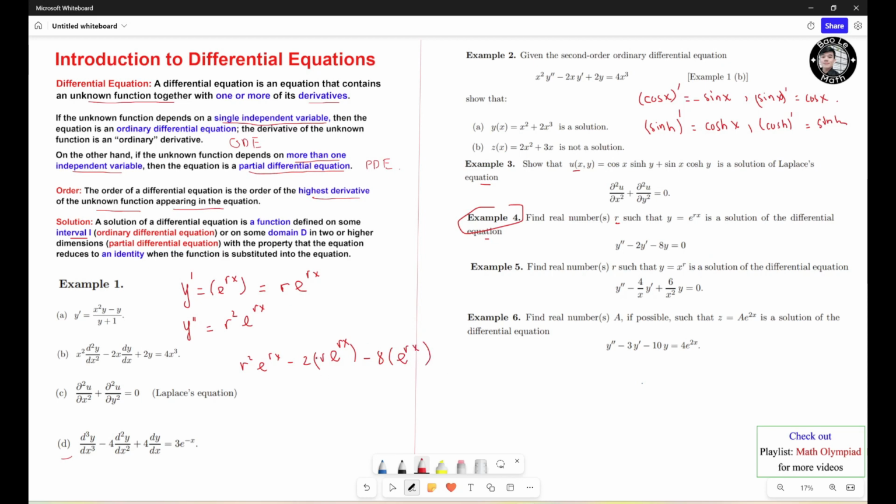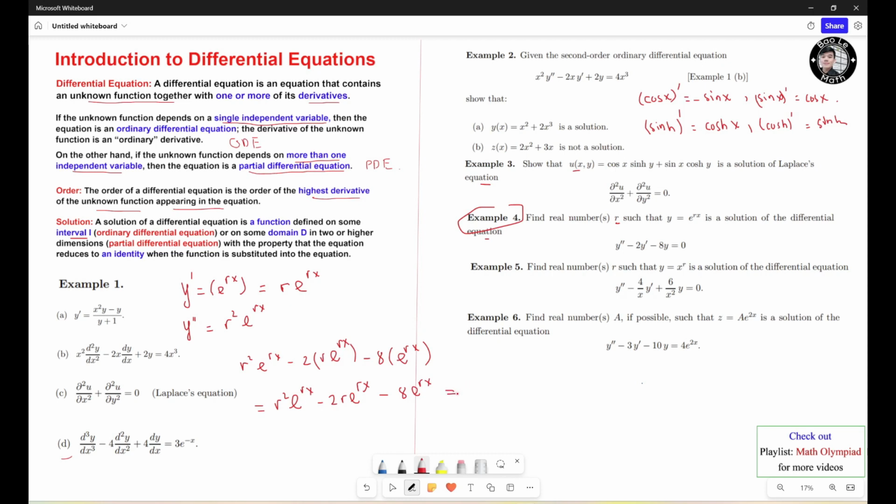Alright, we need to prove this one equals 0. So this is r squared e to the rs. Now you multiply this one, it's going to be minus 2r e to the rs, minus 8 e to the rs.